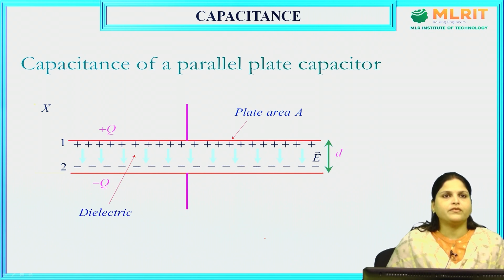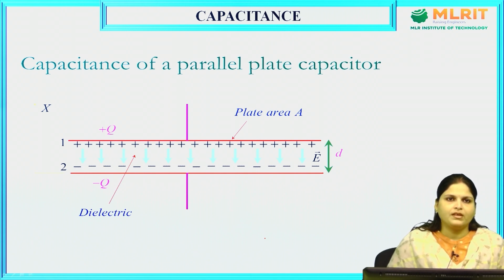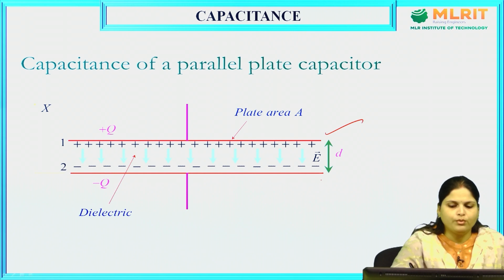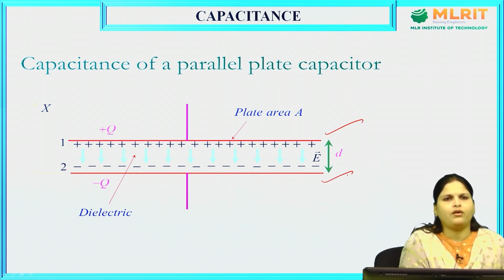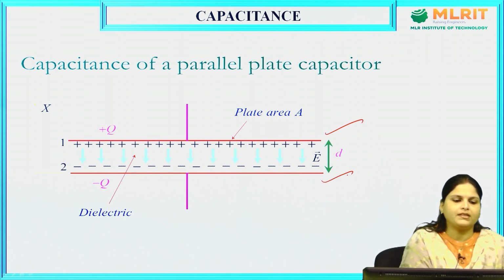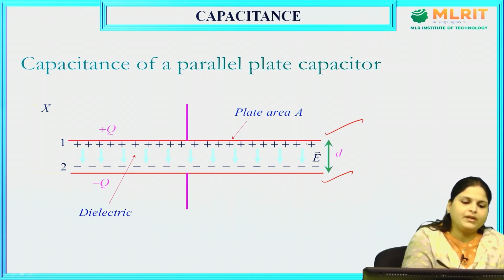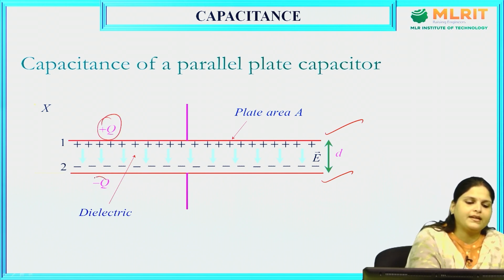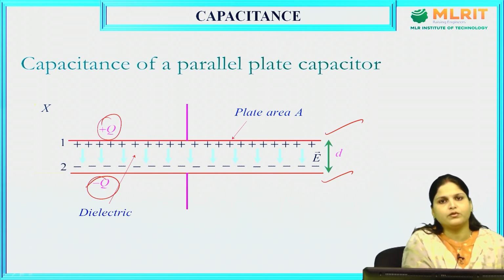Various arrangements of capacitance we can discuss. First we will discuss the capacitance of a parallel plate capacitor. Here in this arrangement, we have two plates, or two conductors, but here they are in the form of plates. The first plate accumulates positive Q charges, the second plate consists of negative Q charges.